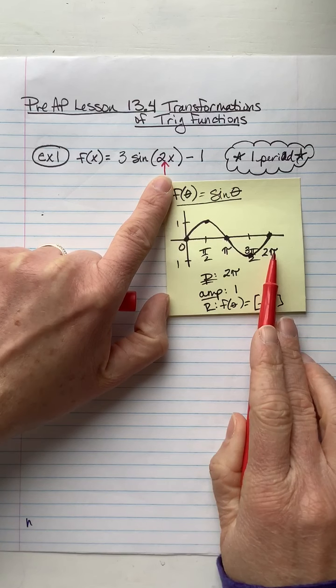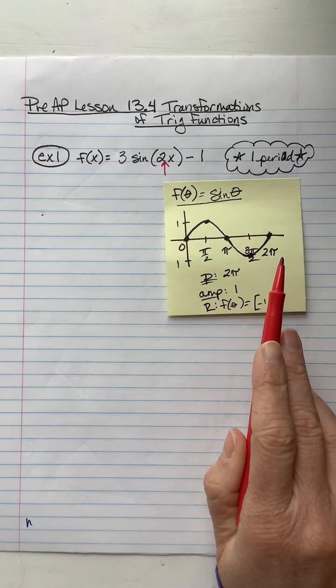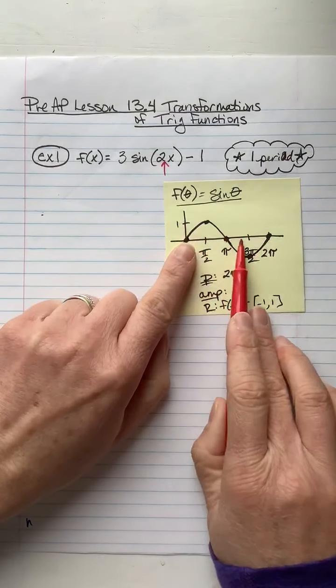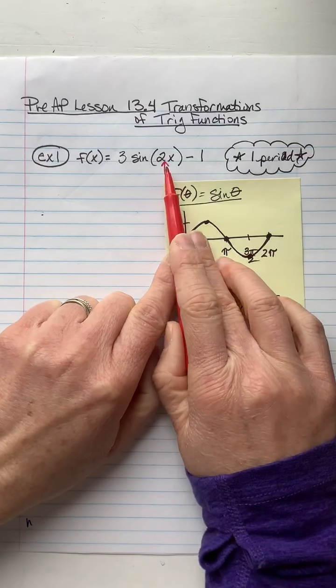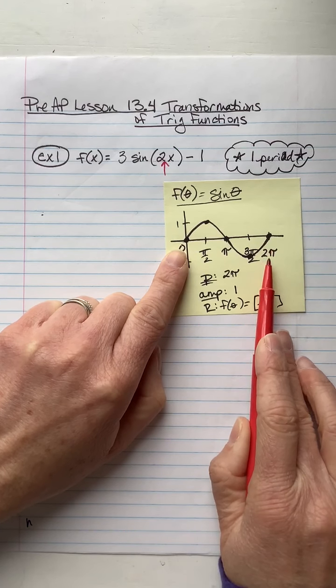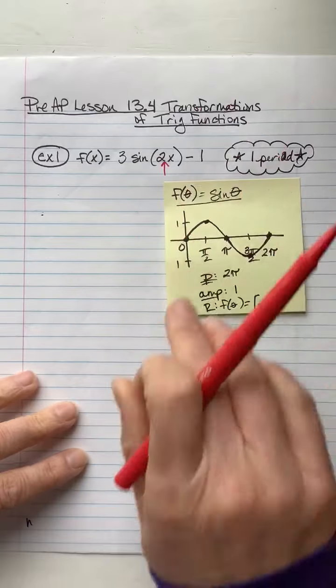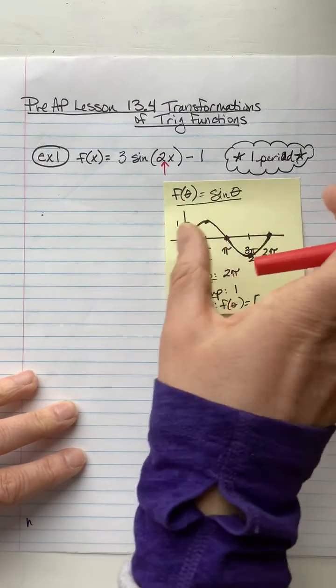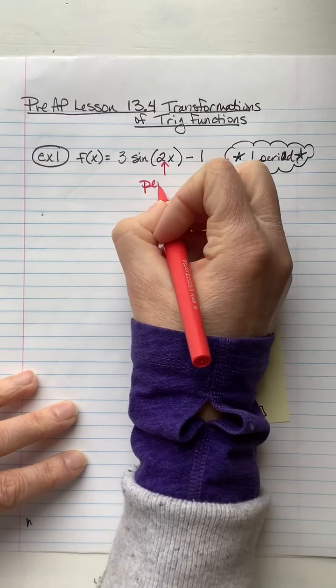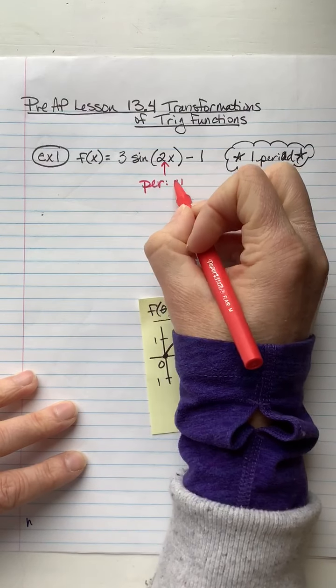However, inside it's telling us 2 times x. Well, we need to undo what's being done to x. So instead of multiplying this period by 2, we're actually going to divide this period by 2, which means instead of unfolding in 2 pi, we are only going to unfold in pi radians. So this is going to affect the period, which is going to be pi.